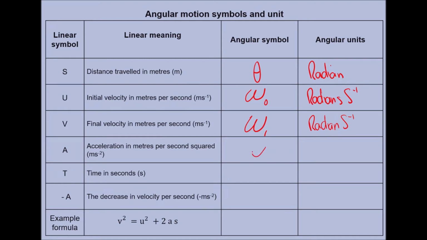Next one, the Greek letter alpha for acceleration. Now we do use that symbol somewhere else in engineering, but we'll leave that alone for now. But much as with linear, where we've got our distance in meters, here it's radians, per second, per second, because linear acceleration is a change in velocity, and angular acceleration is a change in velocity.